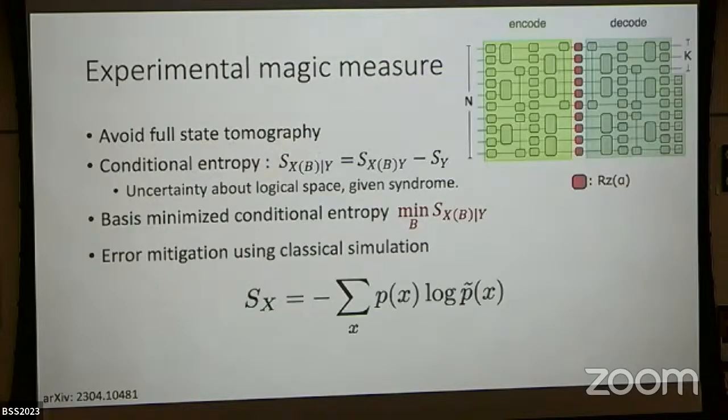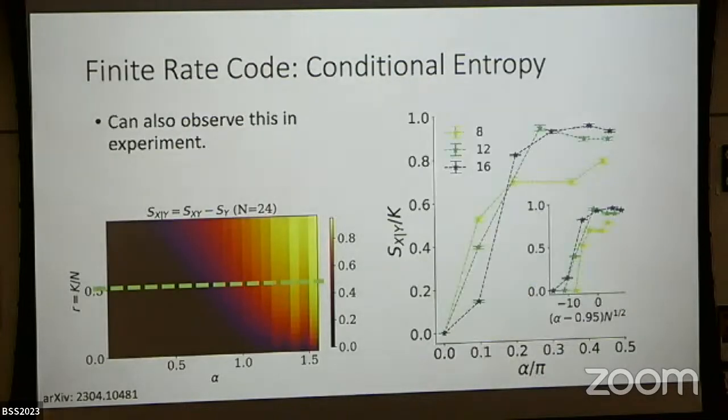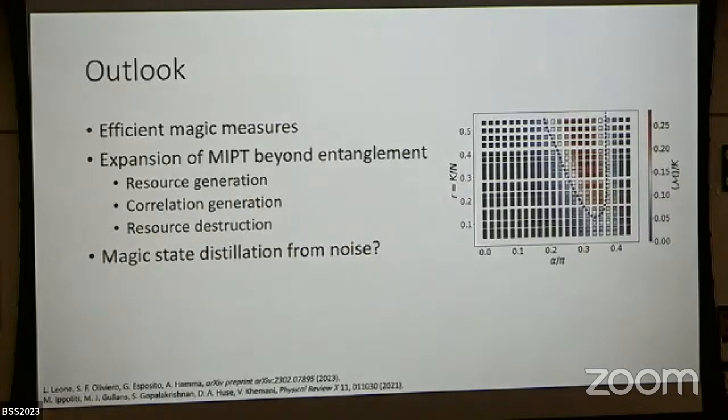Okay, running out of time, so let me just say a few things at the end. We've started to understand a little bit more about how magic behaves, but there are lots of questions left. First, we've made an attempt at an efficient magic measure that we can access experimentally.